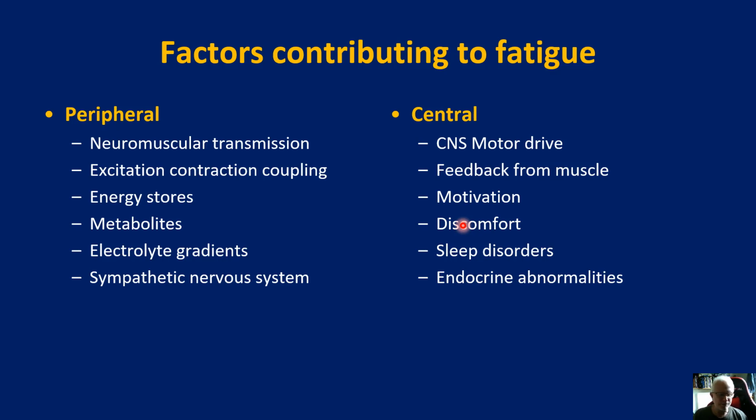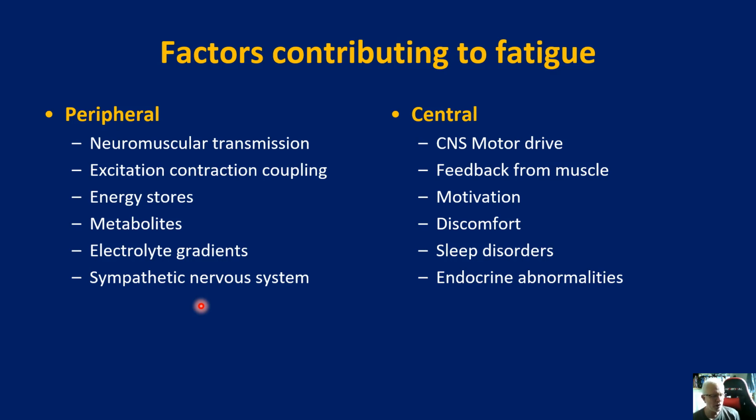And in many ways, these lists, although not extensive and not conclusive in terms of all the factors that are there, allow us to really establish a difference between these two areas. That peripheral is anything beyond the neuromuscular junction. So from the neuromuscular junction going into the cell.